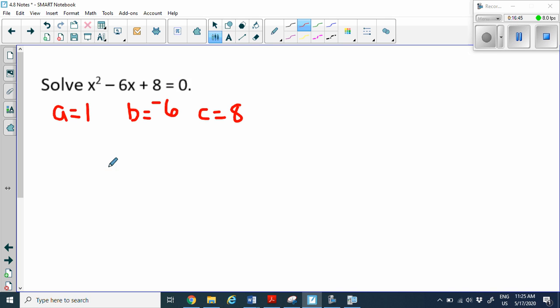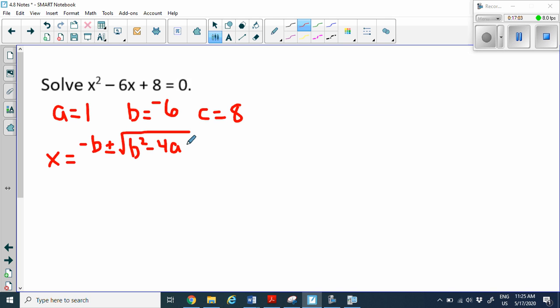Okay, so now our next thing is to plug these numbers into our quadratic formula. So remember, we got opposite of b plus minus square root. Now you might not have to write the formula all the time, and you might just automatically plug it in. That is all right.